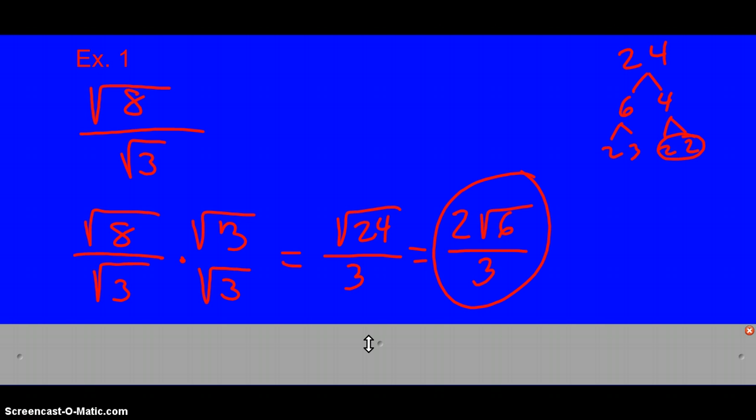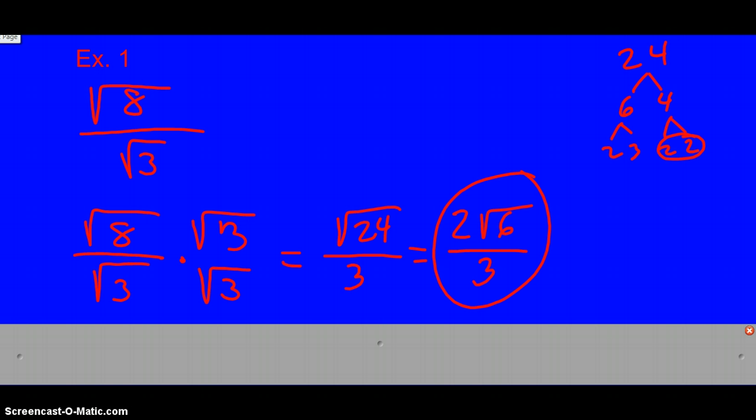Then, just like what we did yesterday, we aren't going to leave the square root of 24. That's not a simplified answer, so if you look in the upper right hand corner, you'll see I've done a factor tree on 24, and I have a pair of 2's and a lonely 2 and a lonely 3. So that simplifies to 2 times the square root of 6, and we still have that over 3. So that's my final simplified rationalized answer.